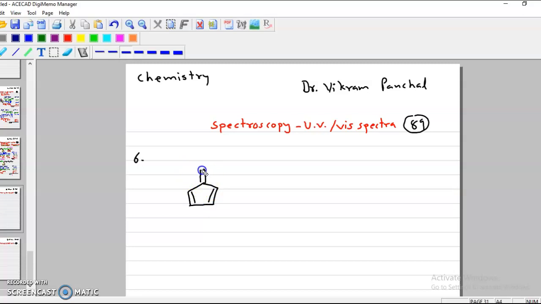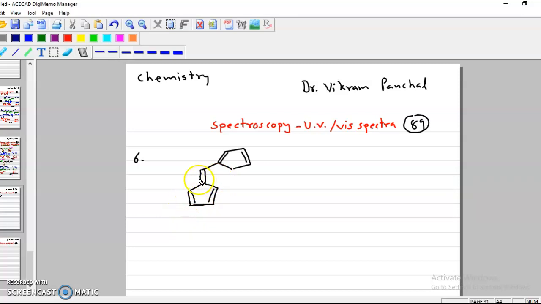This is a 5-member ring. Again, a 5-member ring. And this is the case. Now we'll have to see whether there is any cross conjugation or not.